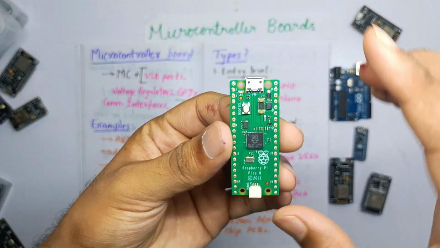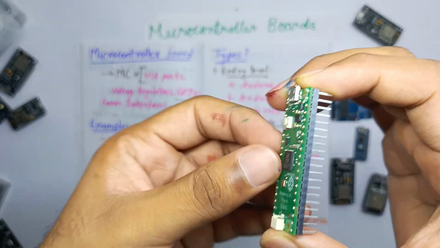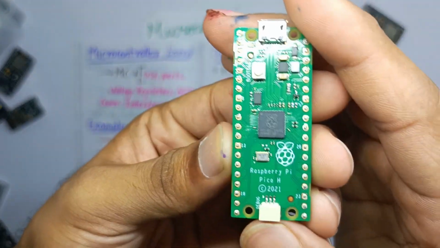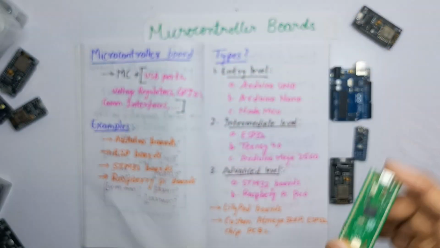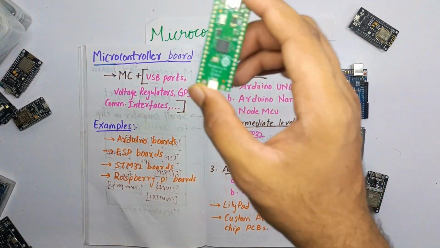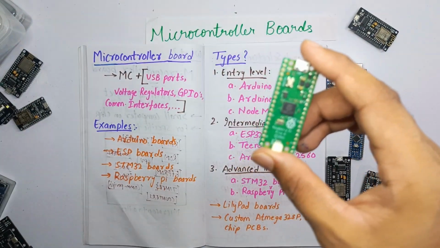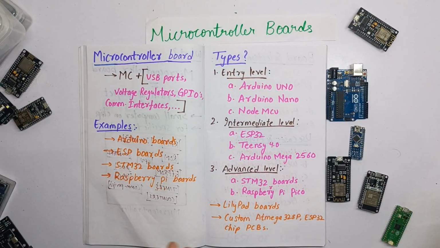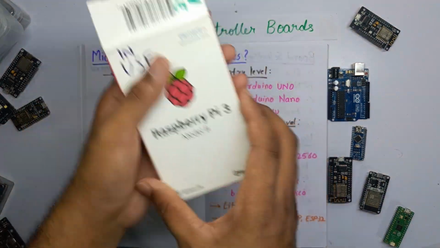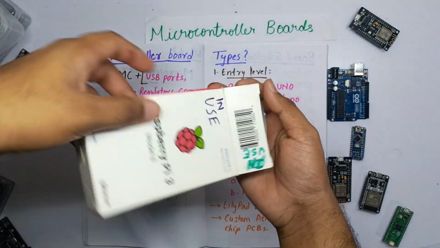This is the Raspberry Pi Pico board. See here, the Raspberry Pi Pico. This is also a microcontroller board. Unlike all of these boards, this board needs the code to be written in the Python programming language. And many of us think that Raspberry Pi is a microcontroller board. See, this is the Raspberry Pi 3 Model B I have here.